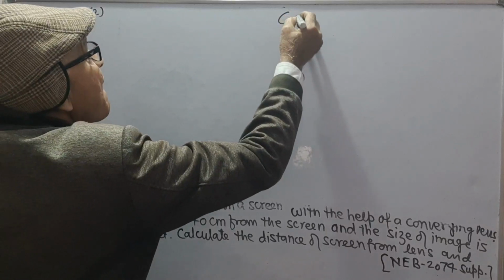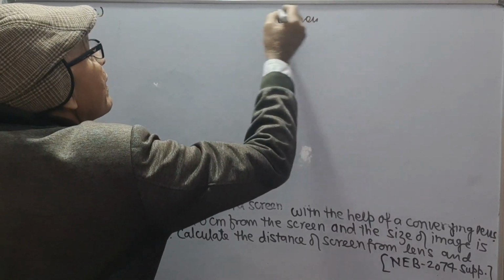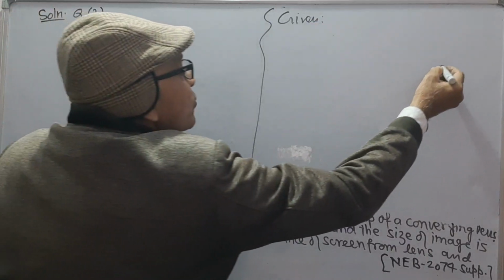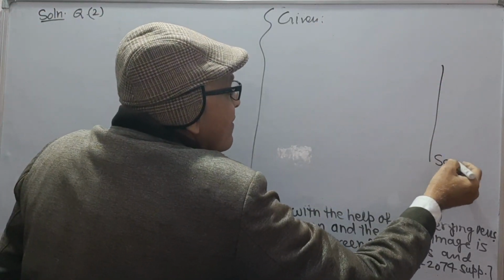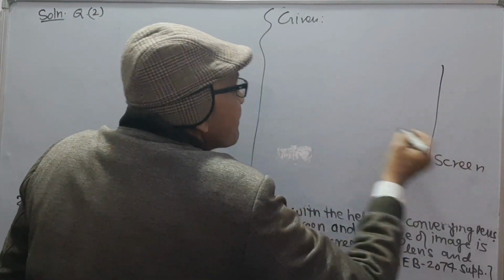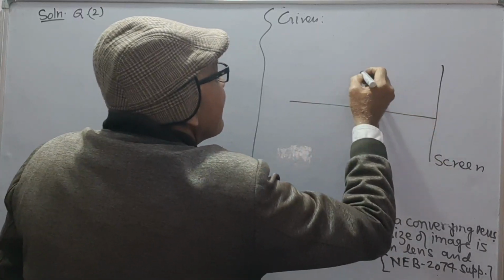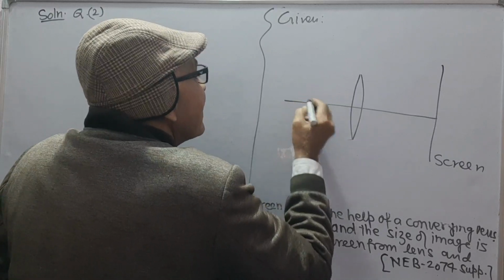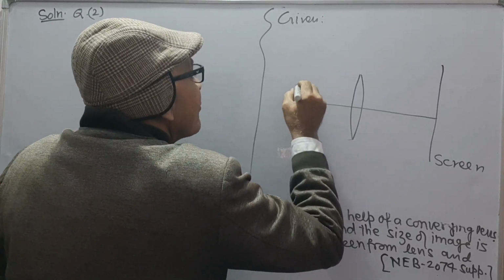Here, given, suppose this is screen, this is lens, and this is object.